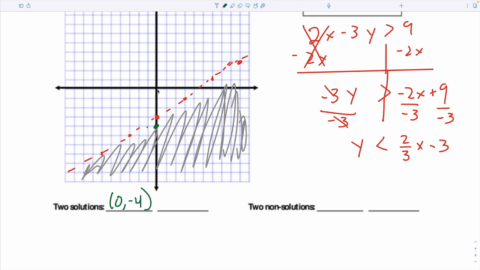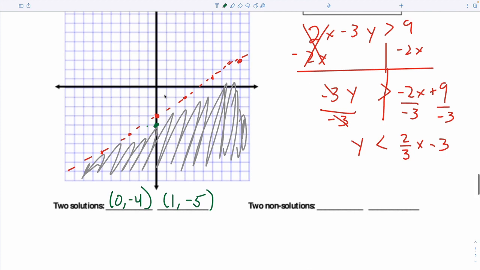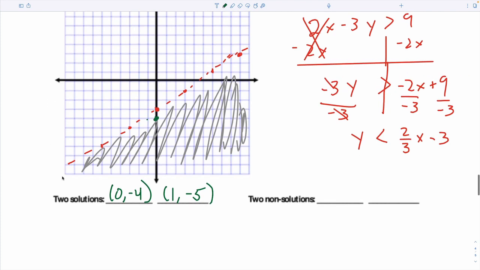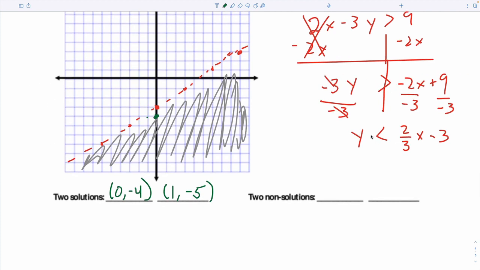Kylie, give me another one. Over 1, down, how many? 1, -5 would work. There's like 30 options, maybe even more if you count the grids. A lot more actually, because that's 10, 20, 30, 40. It could be anything as long as it's going to go a negative number. I wouldn't choose like the point -100, because then you don't really know how far down unless you actually plug it in. But use one that you can visualize.